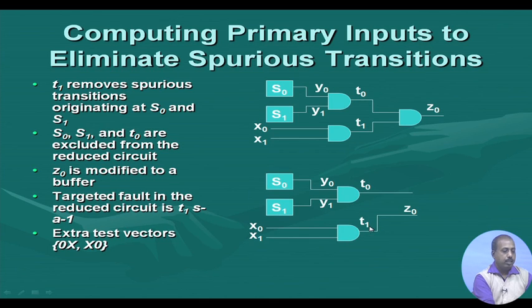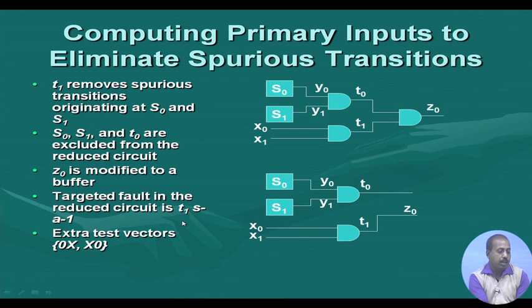So, if I can generate this T1 stuck at 1, for that purpose I have to set this X0, X1 to such a value so that I get a 0 at this point, because if I get a 0 at this point, this T0 will get suppressed. Okay. So, this T1 should be stuck at 1. So, a fault generator ATPG can be used for this purpose.